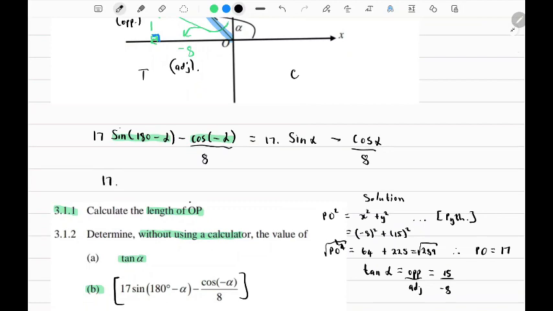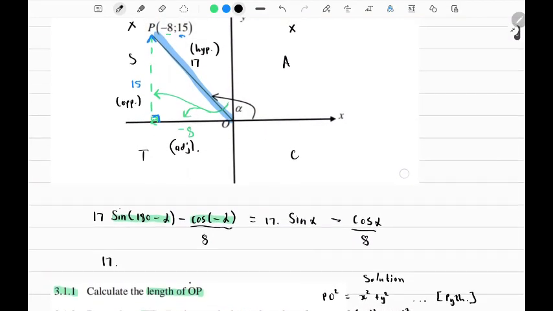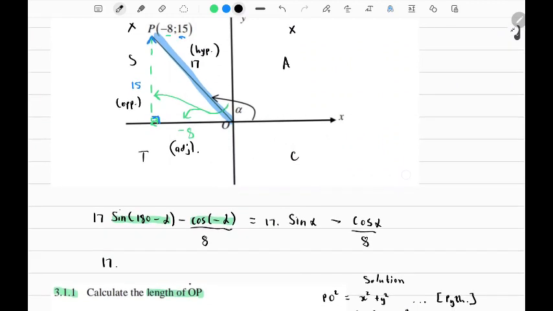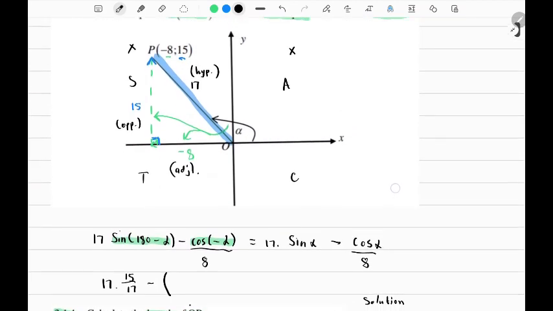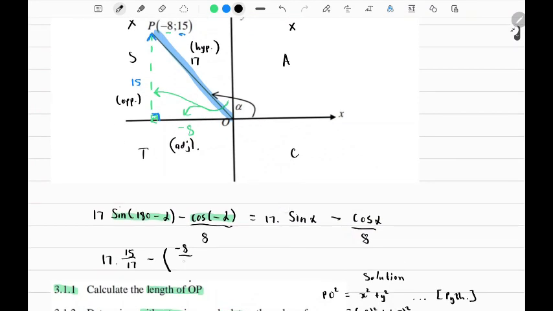So this is sine alpha, which according to our trig ratios is opposite over hypotenuse, which is 15 over 17, minus cos alpha, which would be adjacent, which is negative 8, over hypotenuse, which is 17, divided by 8.